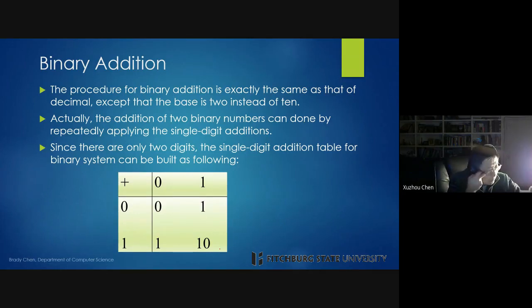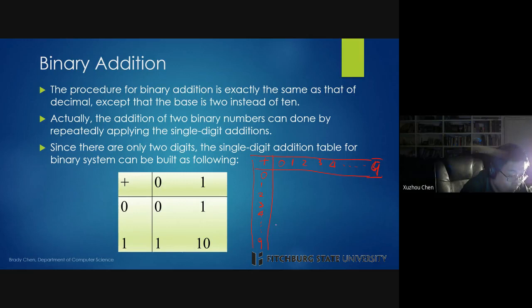Now, in decimal operation, we use the addition table for decimal numbers, but that table is pretty big, right? We need to list 0, 1, 2, 3, 4, all the way to 9.